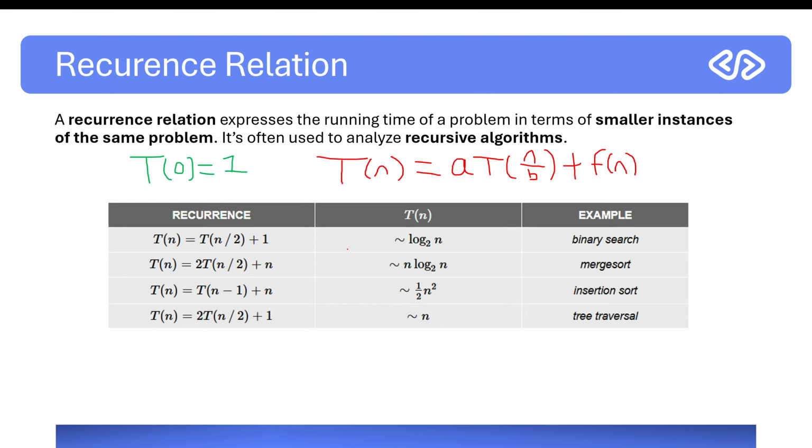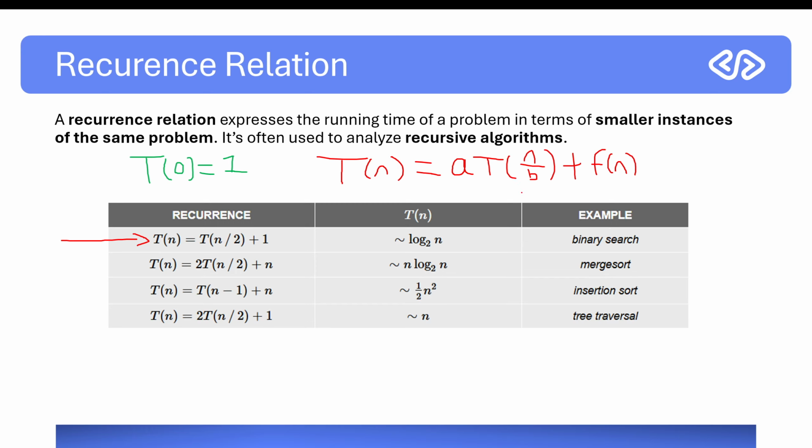Perhaps I can just explain what A and B are from an example. This one's for binary search. For binary search, we're splitting the array in half each time until we find the number we want. So B here is 2.